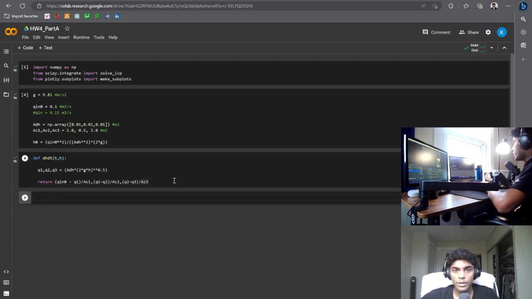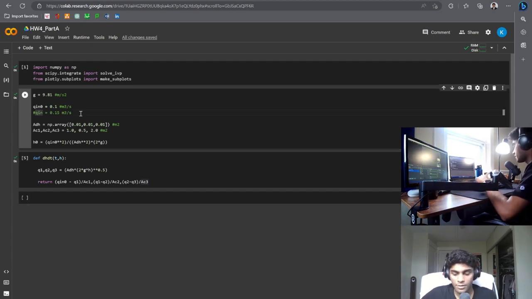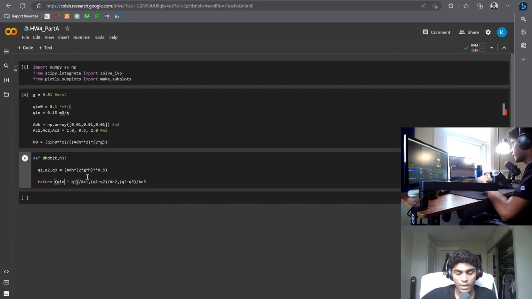And that should be good for defining our function here. So really quickly here, I'm going to reactivate this Qn, and we're going to use that here.